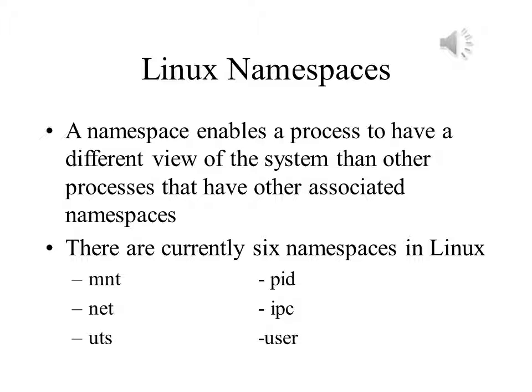There are currently 6 namespaces in Linux: MNT, PID, NET, IPC, UTS, and user. Namespaces are created by the clone system call, which gets as a parameter one of the 6 namespaces clone flags: clone new NS, clone new PID, clone new NET, clone new IPC, clone new UTS, and clone new user.